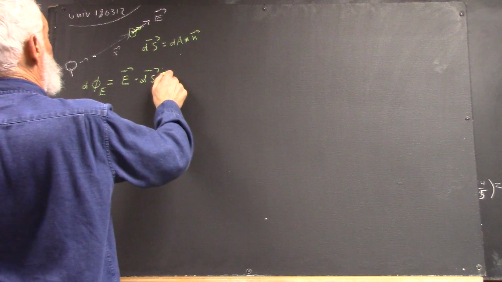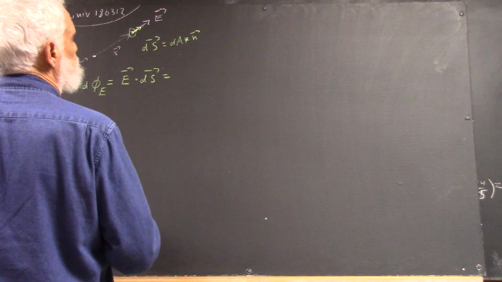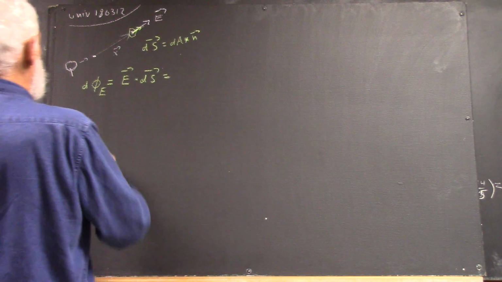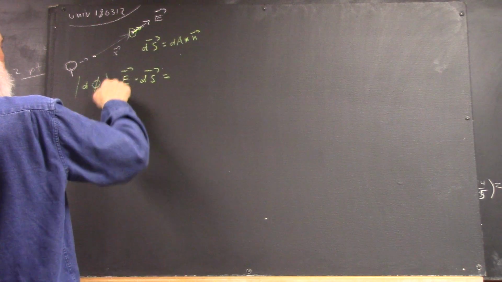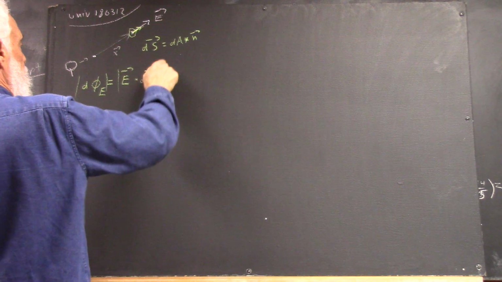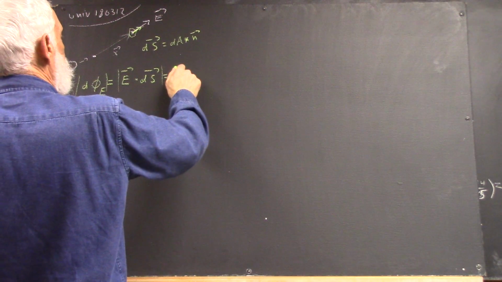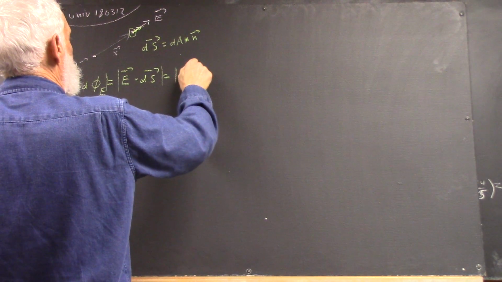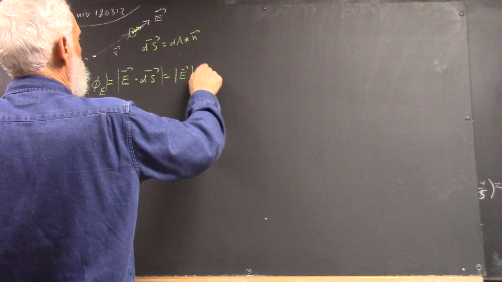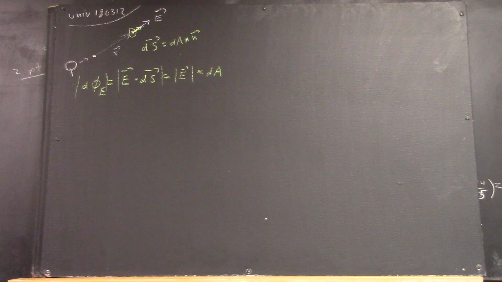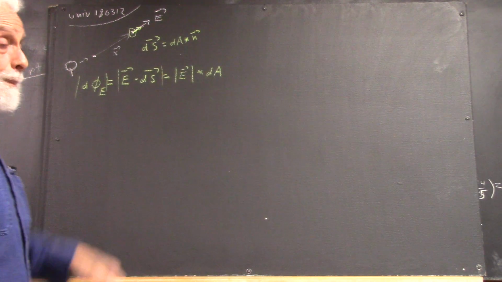Which is just, and I'm going to say the magnitude of the flux so I don't have to worry too much about this, it's the magnitude of the electric field times the area of that increment.